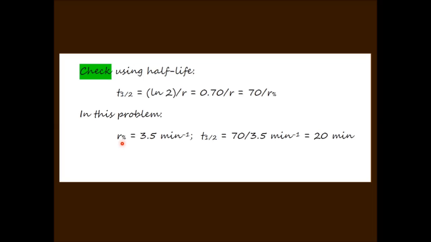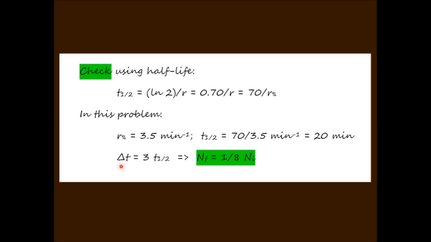In our problem, R expressed as a percentage is 3.5% per minute. Using the 70 rule, we obtain that the half-life of this isotope is 20 minutes.